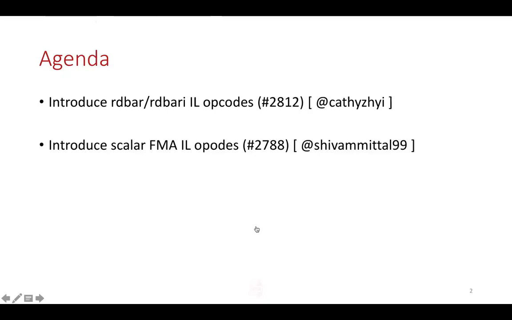Yes. Which I don't think are actually used in any way, shape, or form, but they're part of our API. So anyways, the proposal is to add these 8 new IL opcodes.